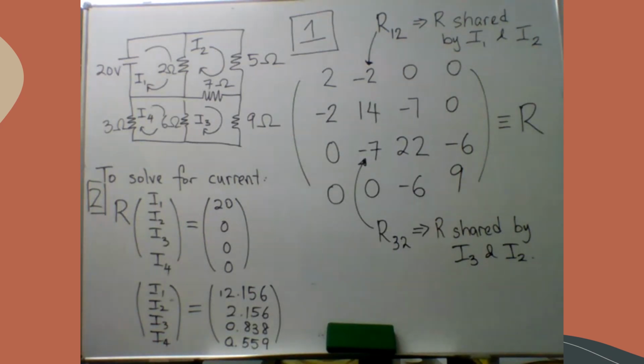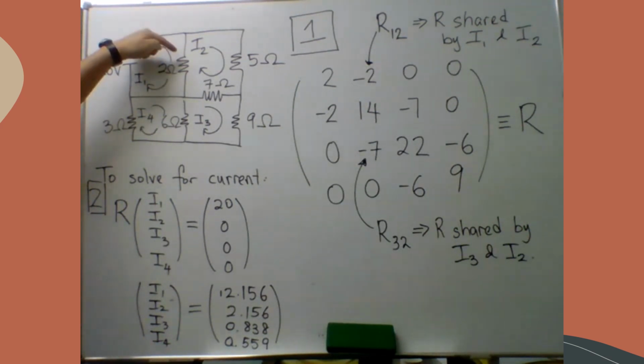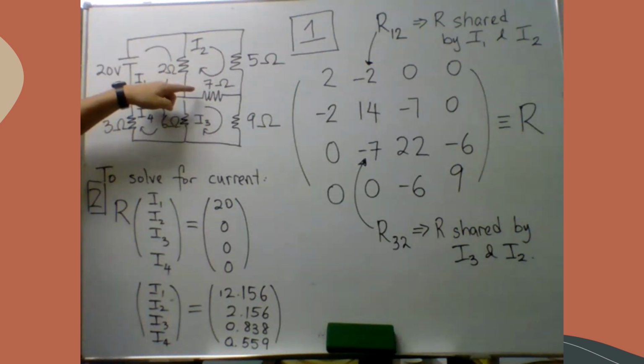Now, if you want to find the current that goes through each resistor, you have to do the third step. Okay, this is step number 2. In order to find the current through each resistor, you have to go to step number 3. That is you are going to look at the sum of the current in that particular resistor. So take for example, this resistor over here, this is I1. I1 is coming from the top, and you have I2 which is coming from the bottom over here.